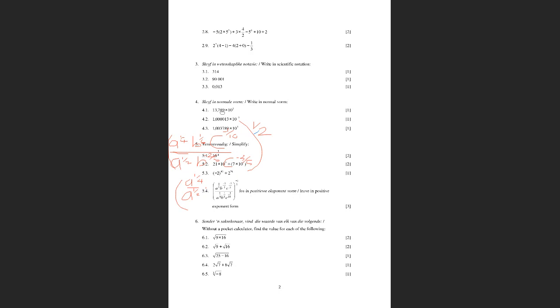So we have B, 1/6 and B, 2 over 3. Then the C, the negative here too. The C is negative, so you must flip it, so that this one will go up and this one will come down. So I'm going to have C.